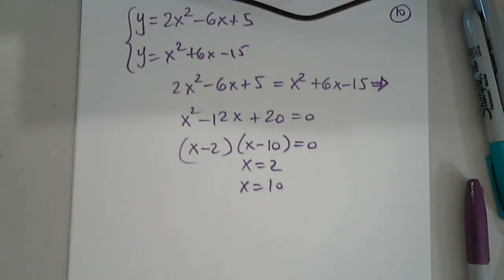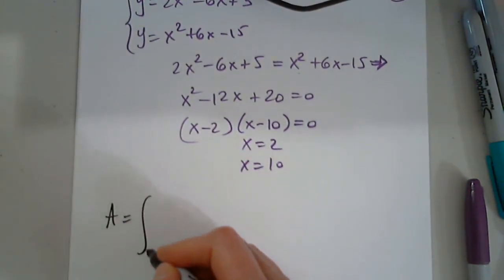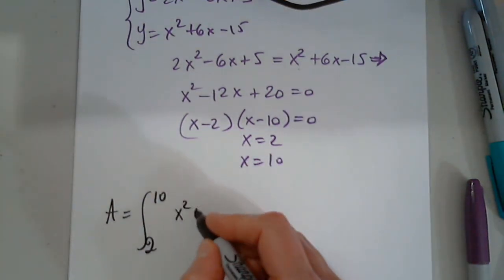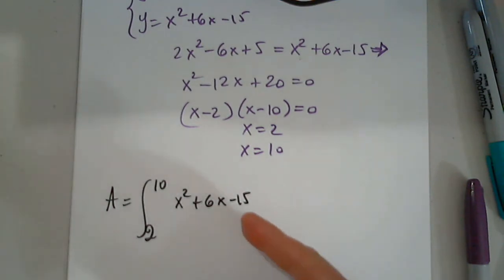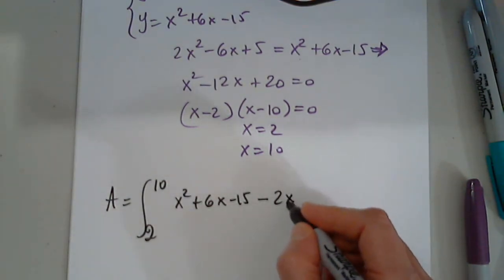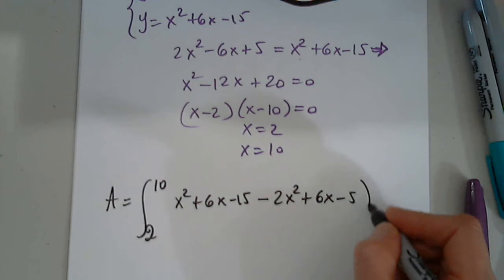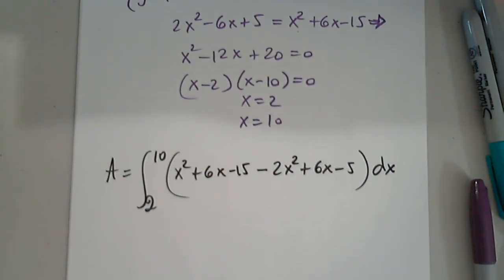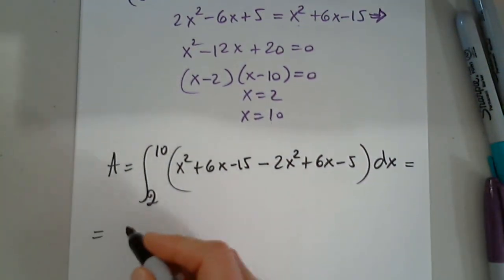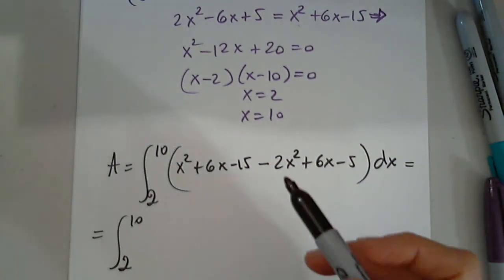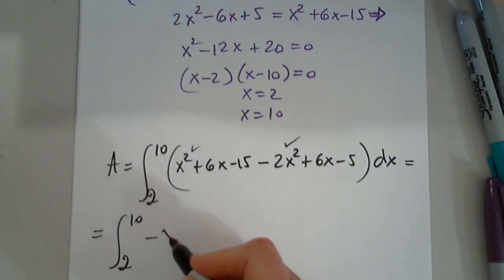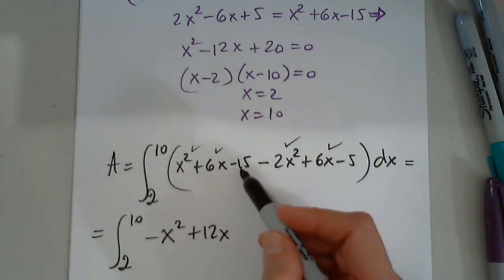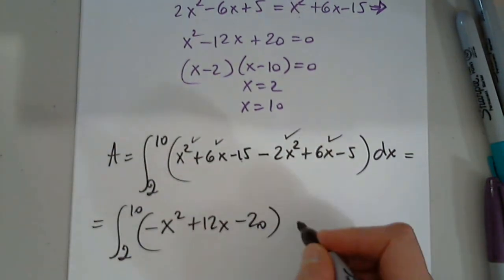So now the exact area is the integral from 2 to 10 of x squared plus 6x minus 15, that is above, minus 2x squared minus 6x plus 5 dx, and that will be the below. So then first I have to clean it up. So I have this with this, so this is negative x squared. Then I have these two, positive 12x, and then I have the negative 20 dx.